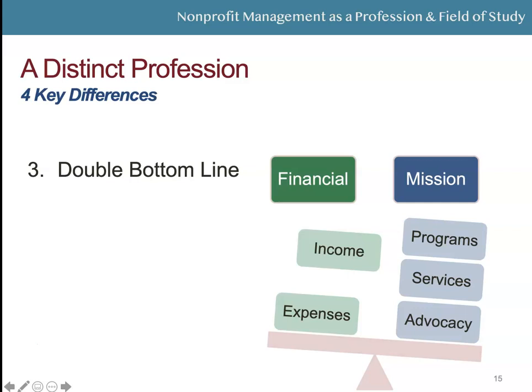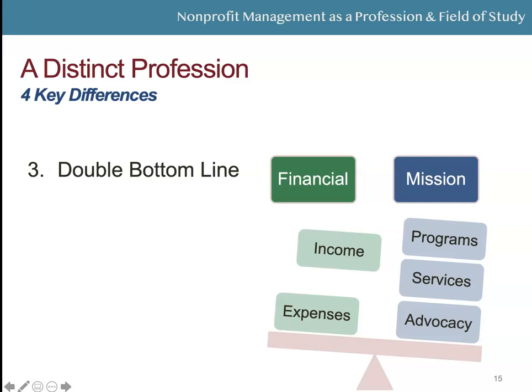So there is that idea of a double bottom line. Whereas in a corporation, the bottom line is financial. Now, we certainly can talk about things like a triple bottom line, where a corporation should look at people, planet, and profit. But at the end of the day, it's the financial bottom line at corporations.